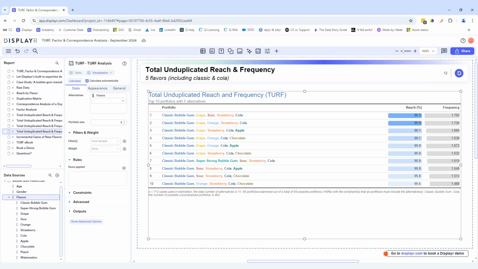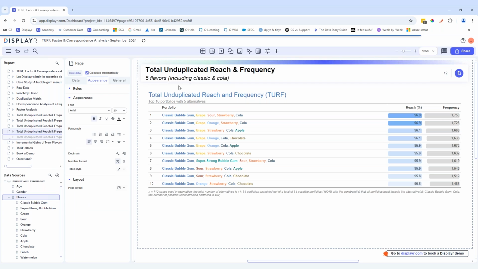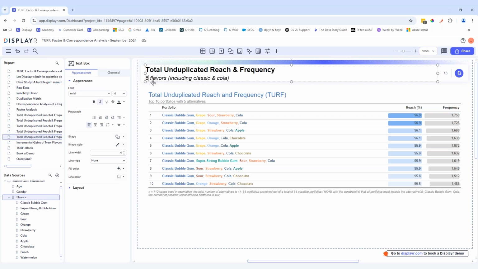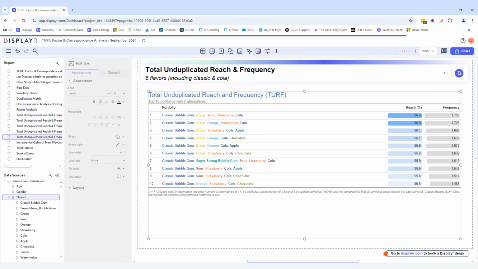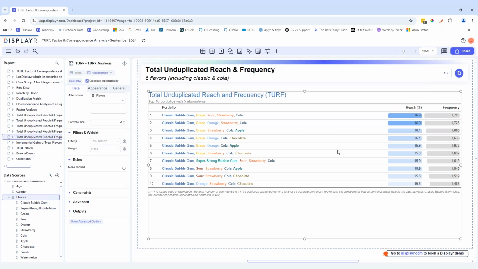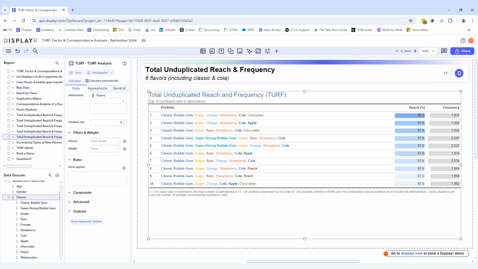We see grape is added to the mix with 5 flavors. And last but not least, let's take a look at 6 flavors. With 6 flavors, chocolate enters the picture, but notice that orange has replaced sour.